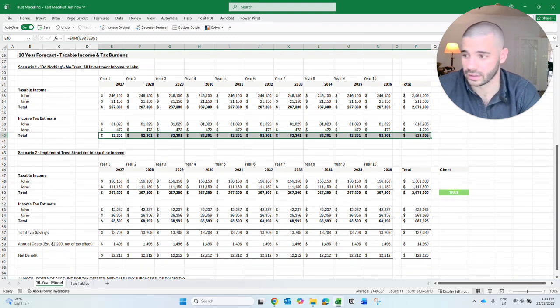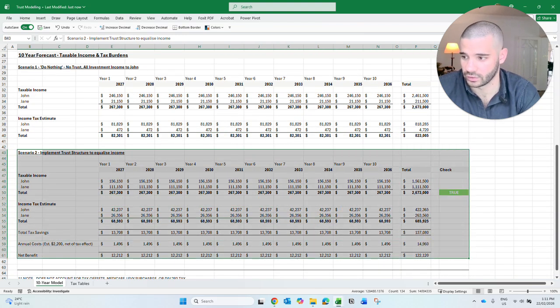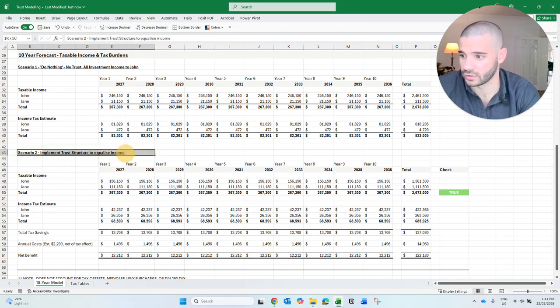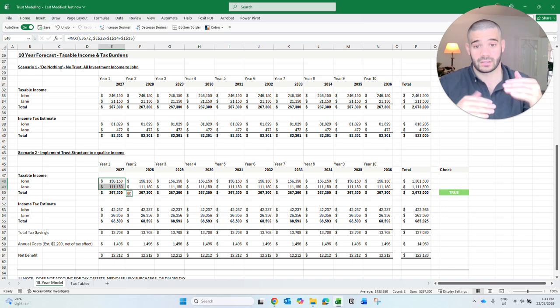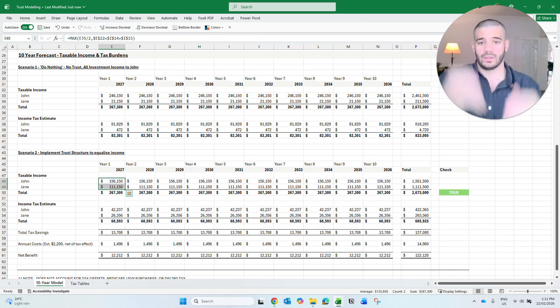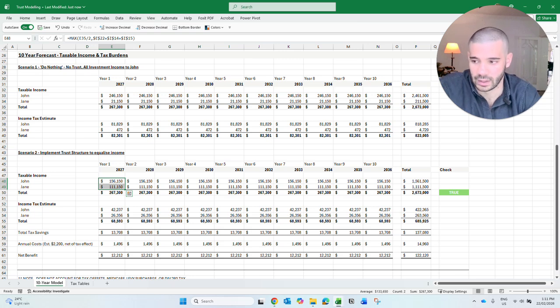And we're trying to compare that against, okay, what would happen if we actually use the trust? And I've said here, implement trust structure to equalize income. And what that means is we're trying to get John and Jane's income to be as closely matched as possible so that they're both using up their lower tax brackets before they start getting taxed at that higher rate. Now, you can see here, John's income using the trust is much lower and Jane's is much higher, but combined as a couple, they're still earning the same amount of income.